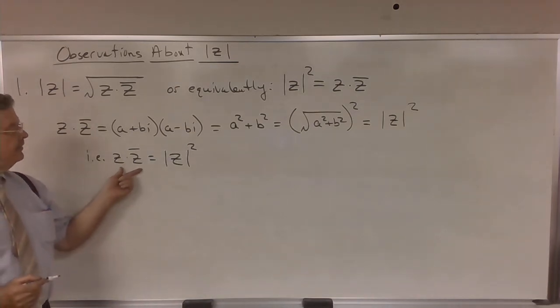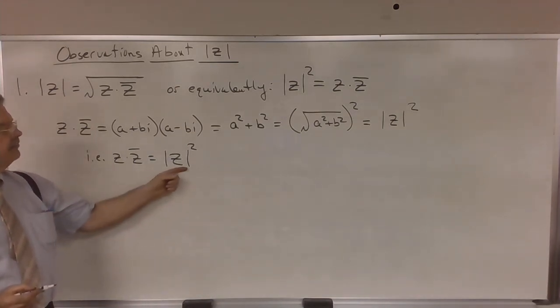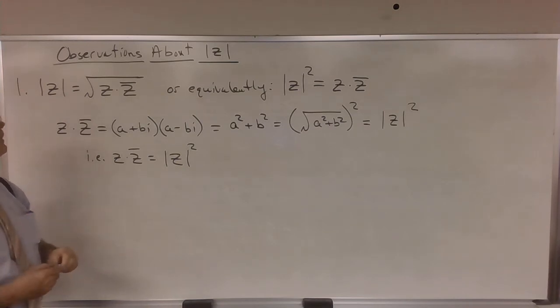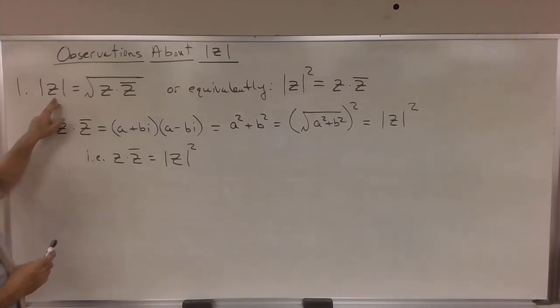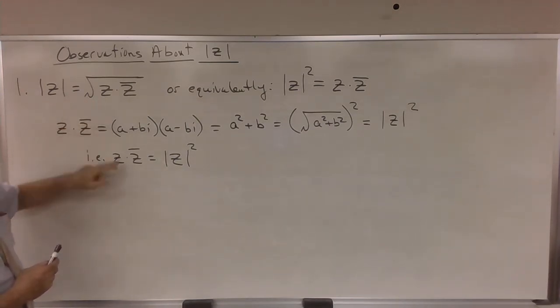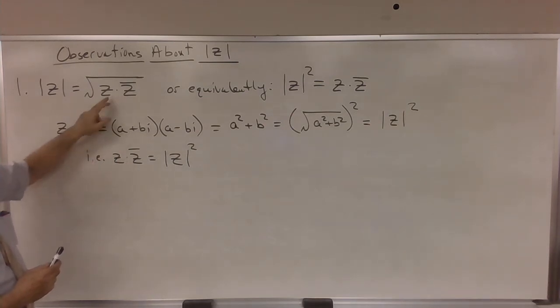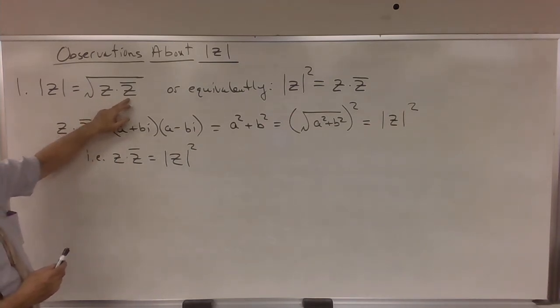So z times z conjugate is the modulus of z squared. Or the modulus of z is the square root of z times its conjugate.